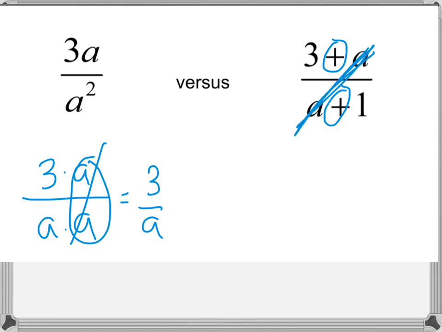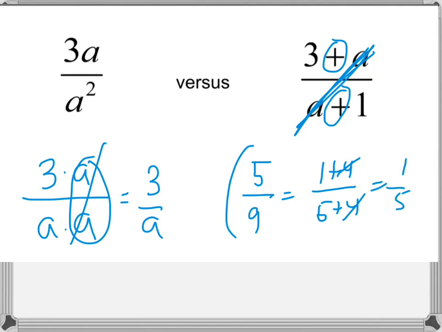This is not allowed. It's the same with an arithmetic fraction. If you said 5 over 9, well, 5 is just 1 plus 4, and 9 is just 5 plus 4, and then, oh, I have a 4 in the numerator and denominator, that's just 1/5. But look at what you've done here. You said that 5 over 9 is the same as 1 over 5. 5 over 9 is greater than a half because 4.5 over 9 would be a half, whereas 1/5 is not even close to a half.